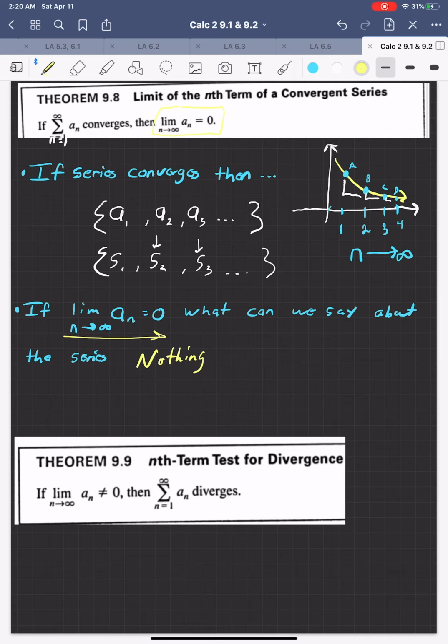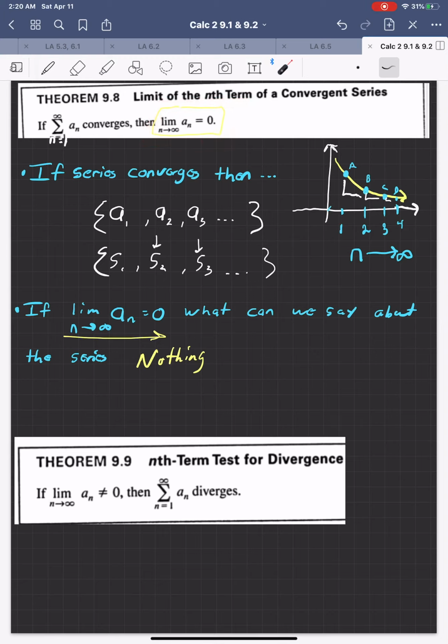It also could have a sprinkler on. That's why the grass is wet. Do you understand that you don't get to just switch your if-then statements? So, in other words, if you know that it converges before you start, then you will know that the limit as n goes to infinity of a sub n is 0.